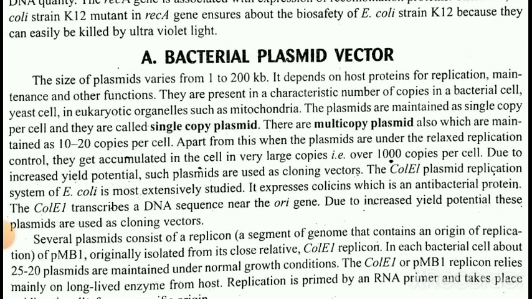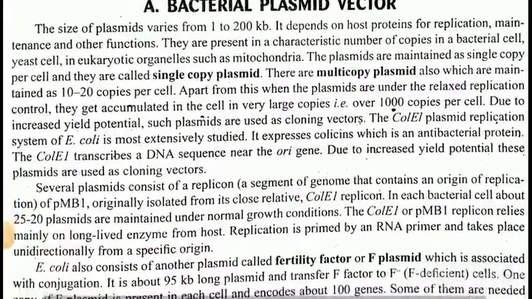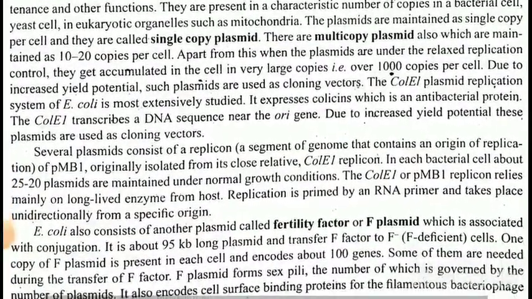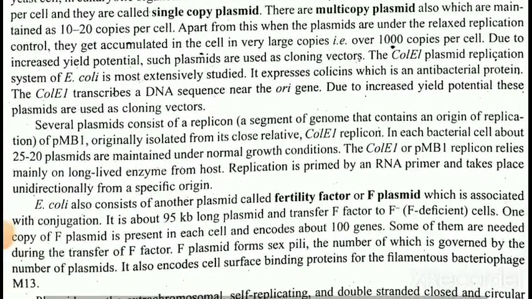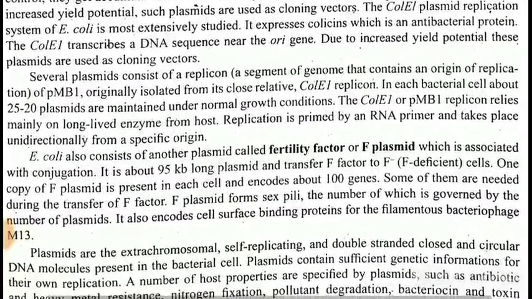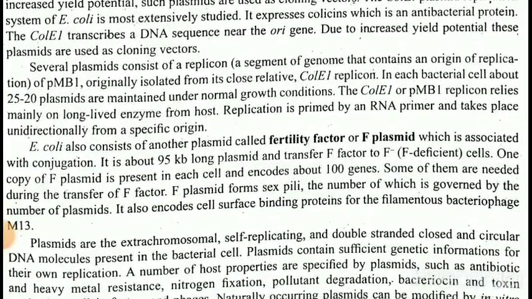Several plasmids consist of a replicon, a segment of genome that contains an origin of replication, of pMB1, originally isolated from its close relative, the ColE1 replicon. In each bacterial cell about 15 to 20 plasmids are maintained under normal growth conditions. The ColE1 or pMB1 replicon relies mainly on long-lived enzymes from the host. Replication is primed by an RNA primer and takes place unidirectionally from a specific origin.